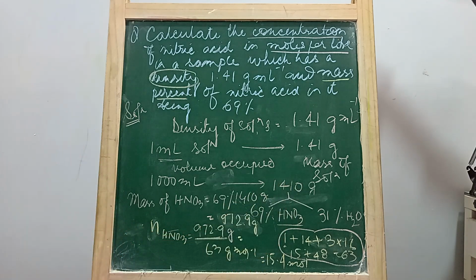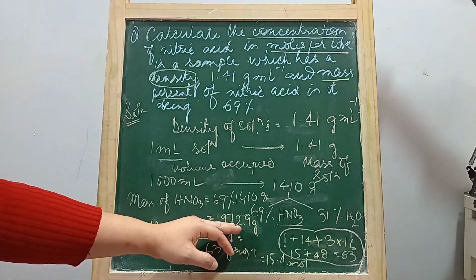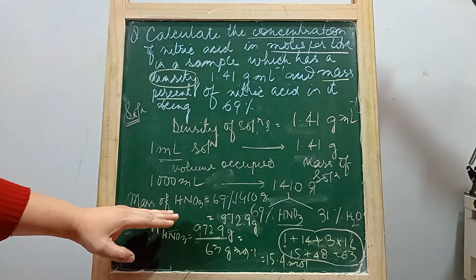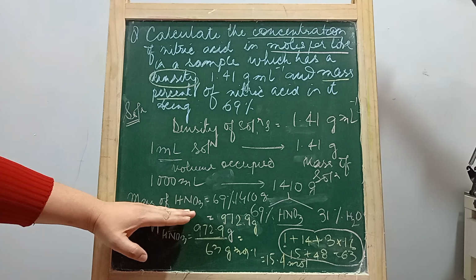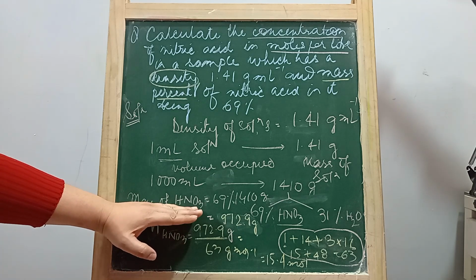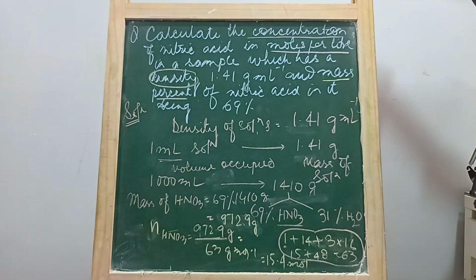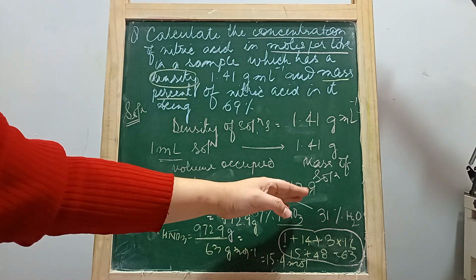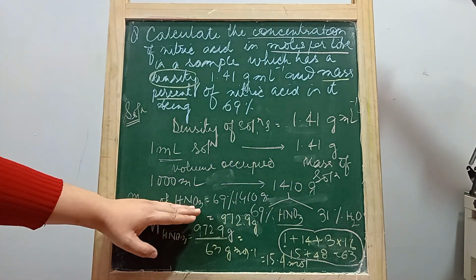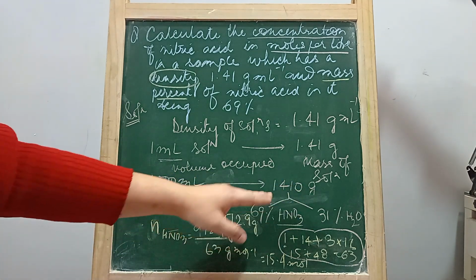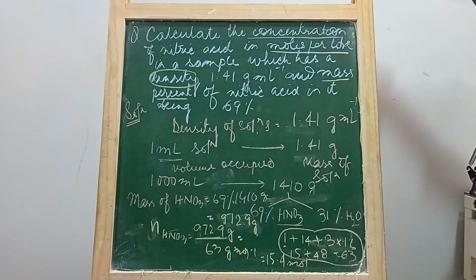Now, 69% of 1410 is how much? It is 972.9 grams. So now we know the mass of nitric acid in this much solution. 69% of this must be nitric acid, so the mass of nitric acid is 69% of 1410 gram, that is 972.9 gram, almost 1000 gram, or almost 1 kg.